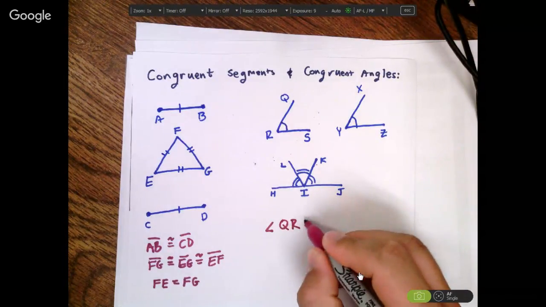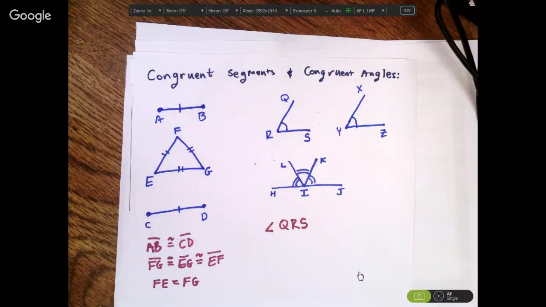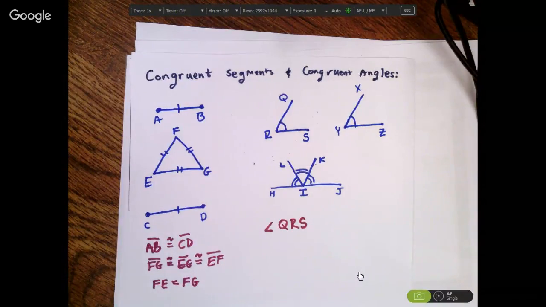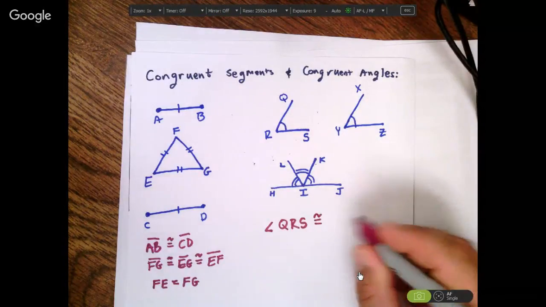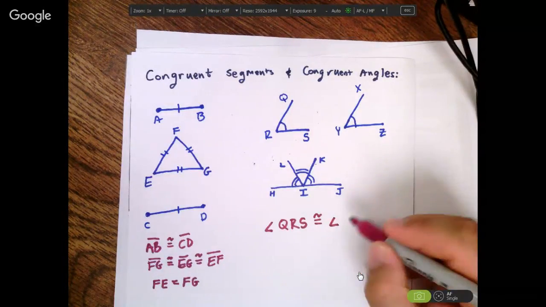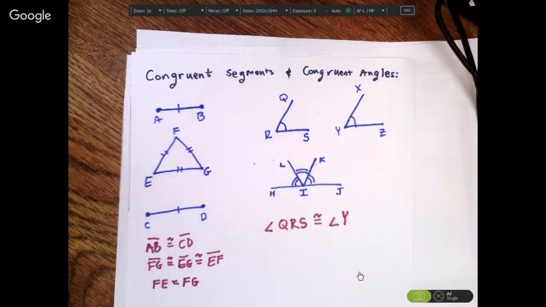So angle QRS, or I could have said SRQ for that, is congruent to angle... What did I do there? Why am I allowed to do that? How many angles is that? One. So is it clear when I say angle Y?